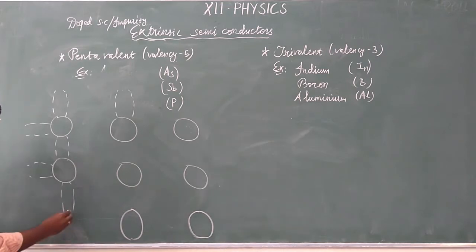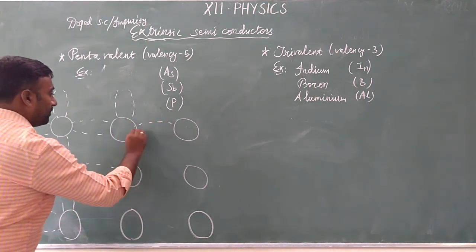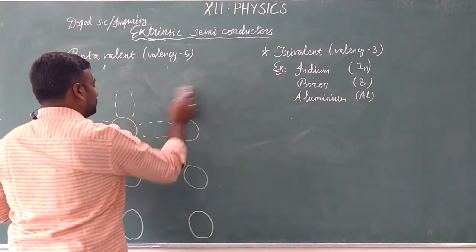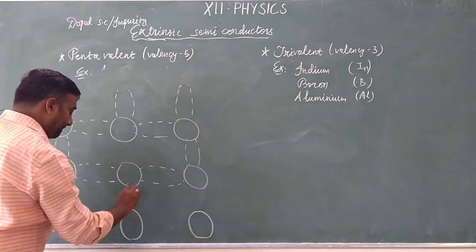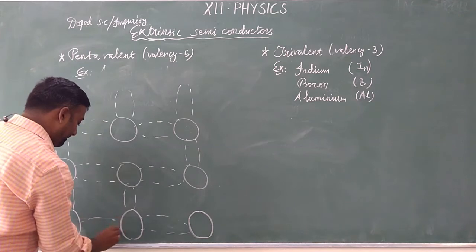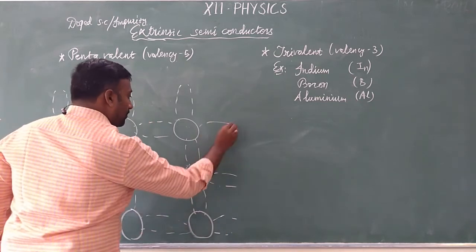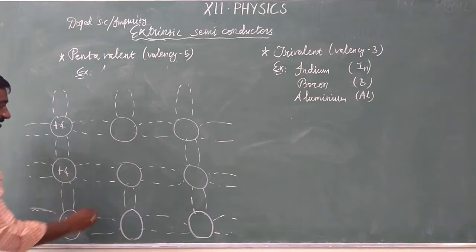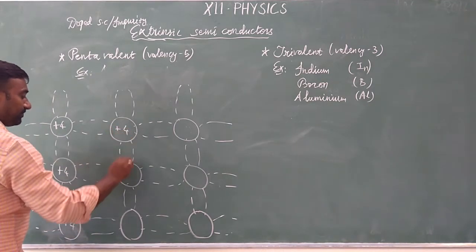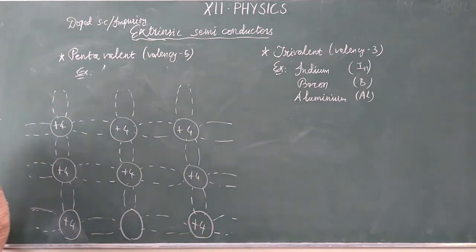This is the original atom. So all these are covalent bonds. So plus 4, which means it's a silicon or germanium.